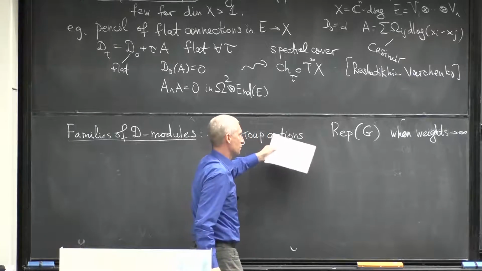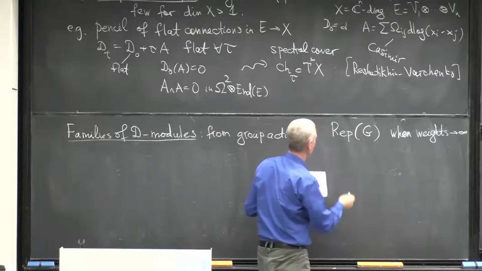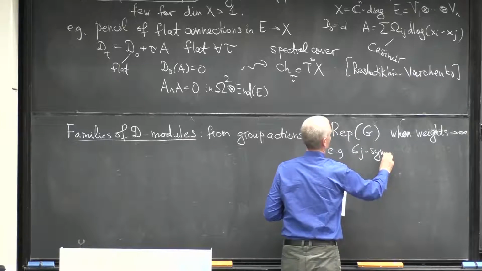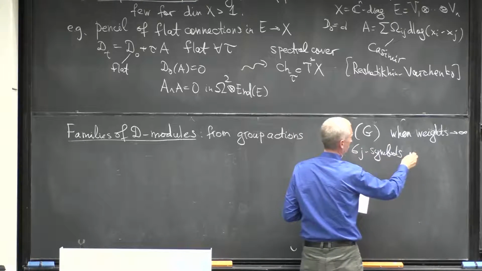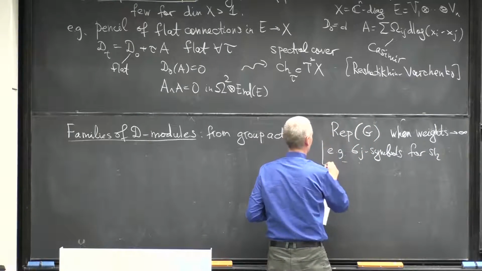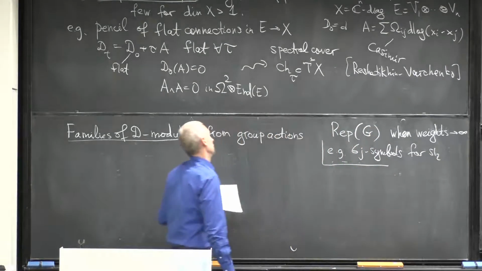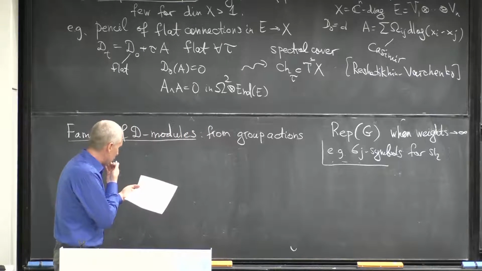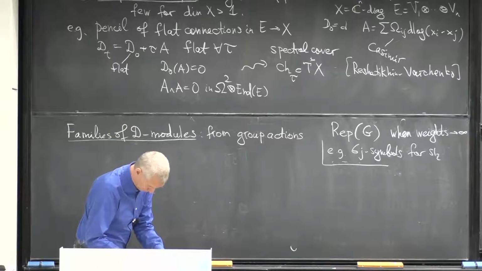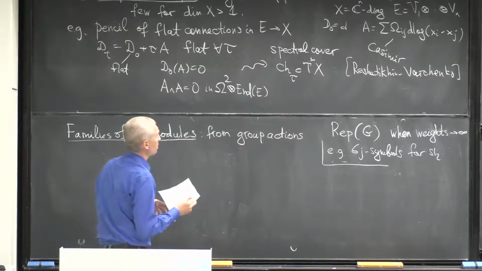For example, for SL2, we can look at asymptotics of 6j symbols. So this is one classical context for SL2. But let me consider two rather simple examples, which we can write down and sort of understand what's going on.